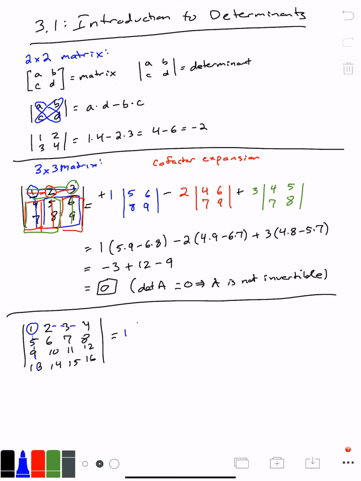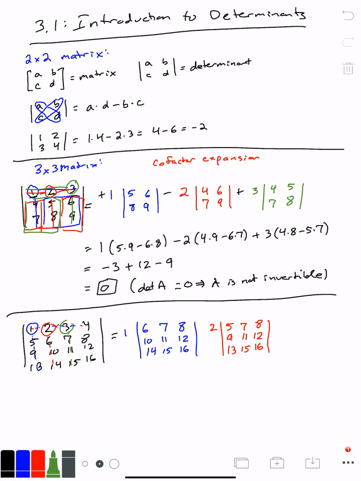You would have 1 here, and below that you'd have 6, 7, 8, 10, 11, 12, 14, 15, 16. Then you go to 2, with 5, 7, 8, 9, 11, 12, 13, 15, 16.